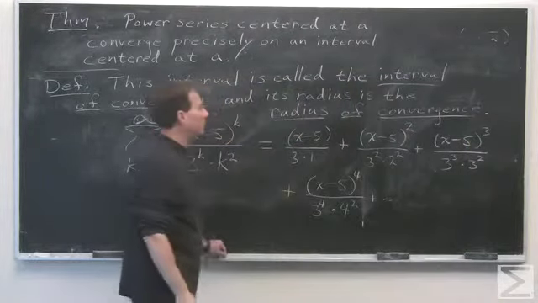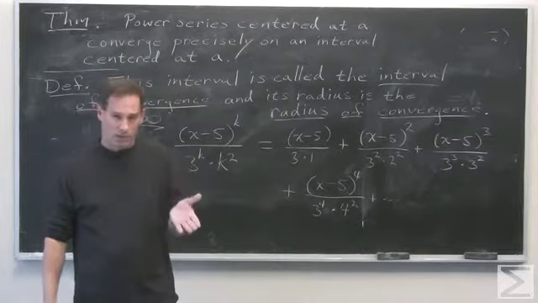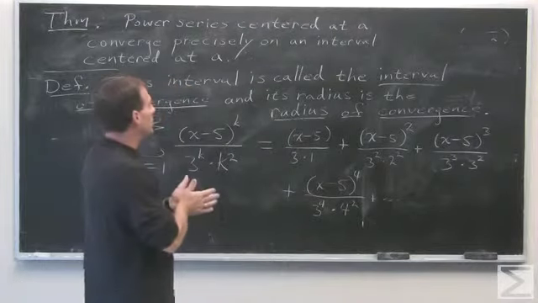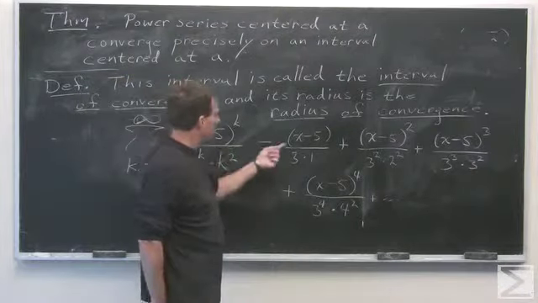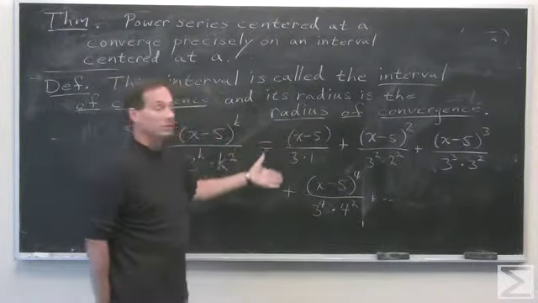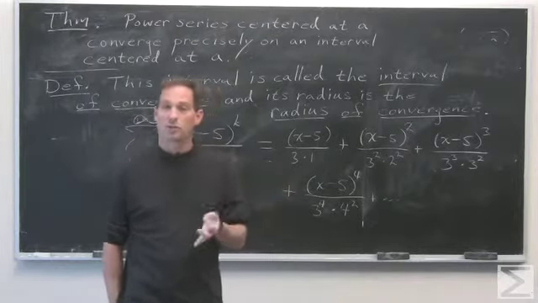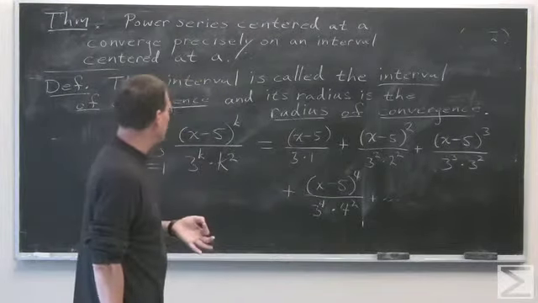So this is a theoretical result. It tells you that when you're looking at where a power series converges, it's going to be some interval centered, for instance, this one. It will converge on some interval centered at 5.